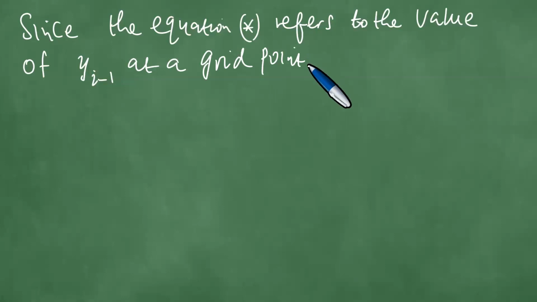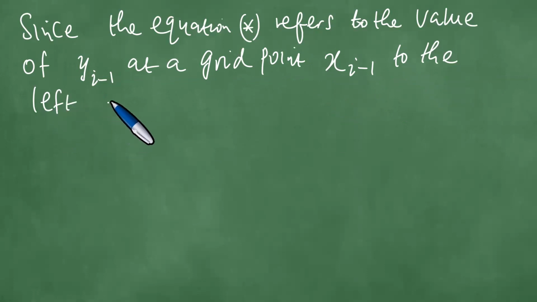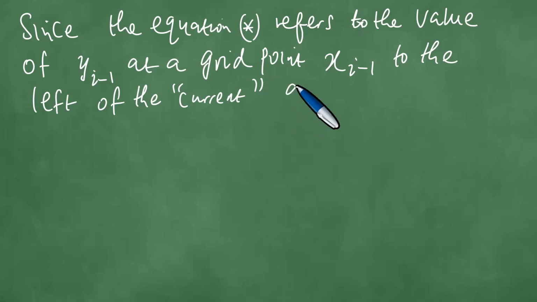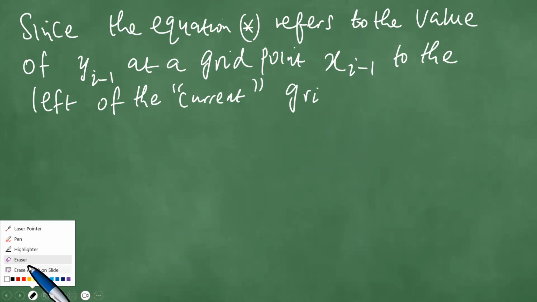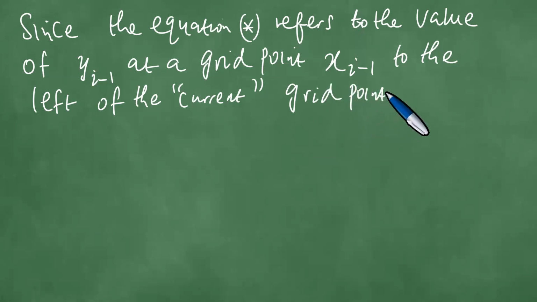Yeah, at a grid point x i minus 1. This one refers to the value of this at x i minus 1 to the left of the current grid point. The grid point being x i.